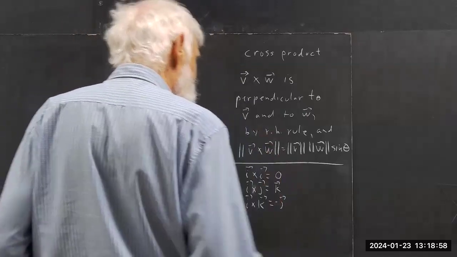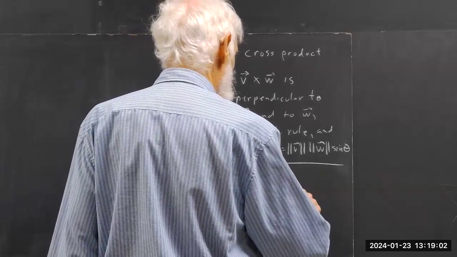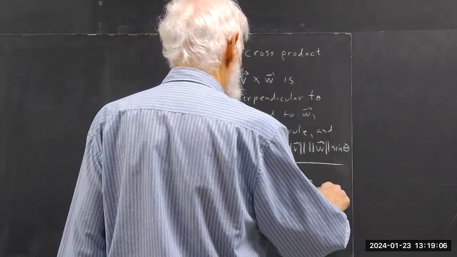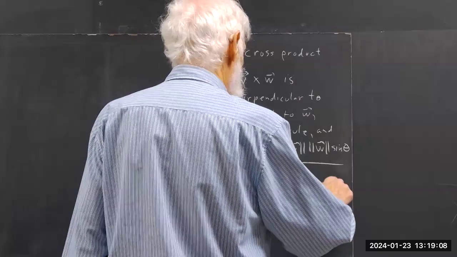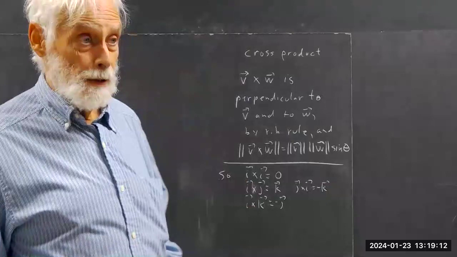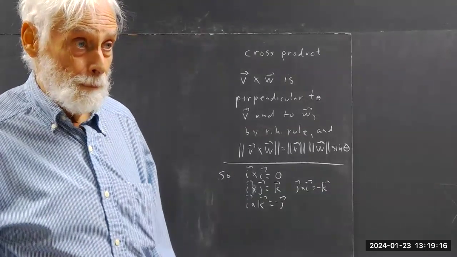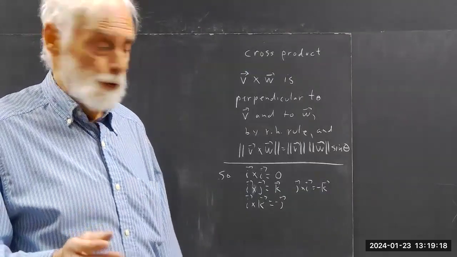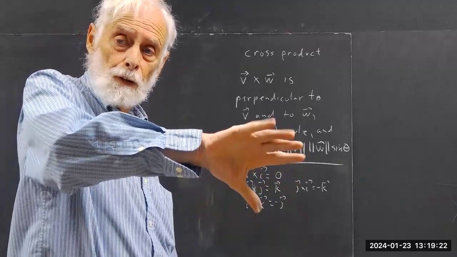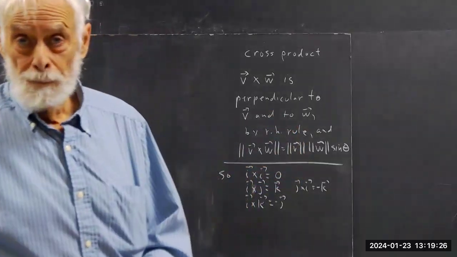And then we can kind of turn these around. J cross I is negative K, because if you reverse the order of a non-zero cross product, you're going to get a vector in the opposite direction. If here's J, you put your fingers in the direction of J, cross toward I, and your thumb points down.